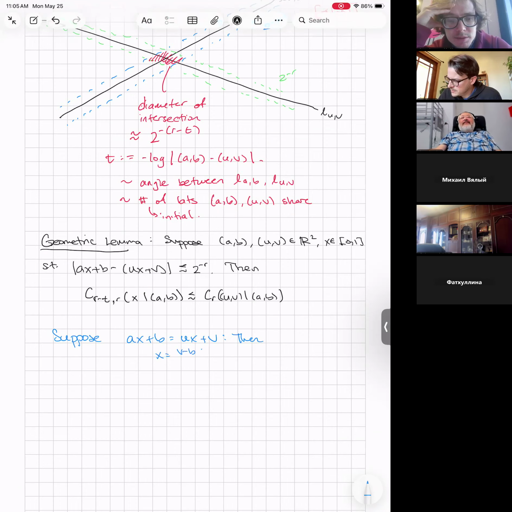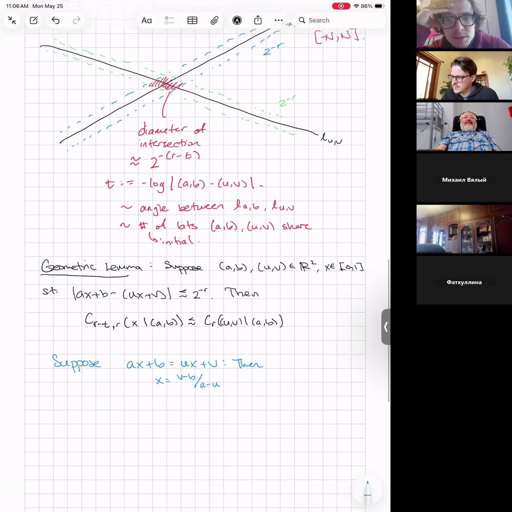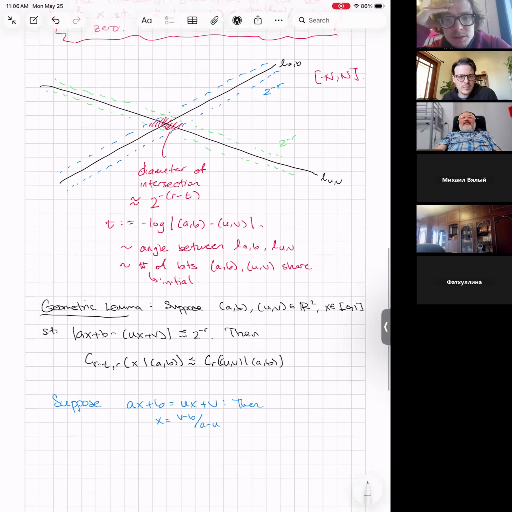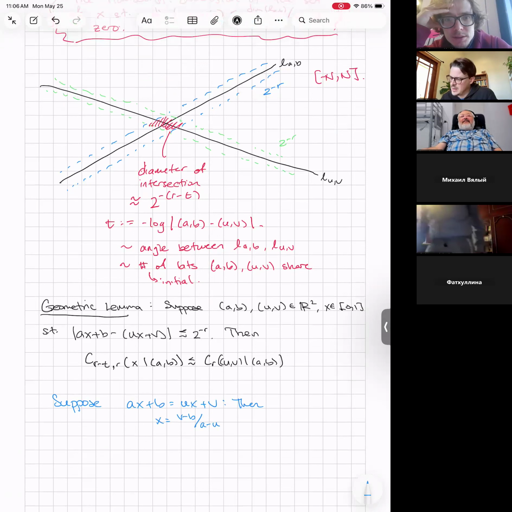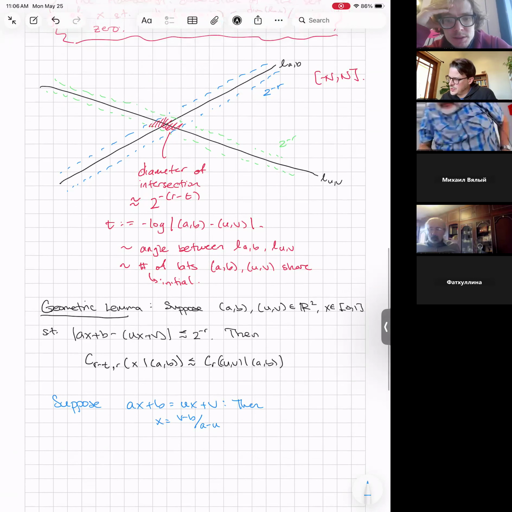Maybe it's better to understand it, because the previous geometric illustration is just an illustration. We need some quantitative statement. So let's see.